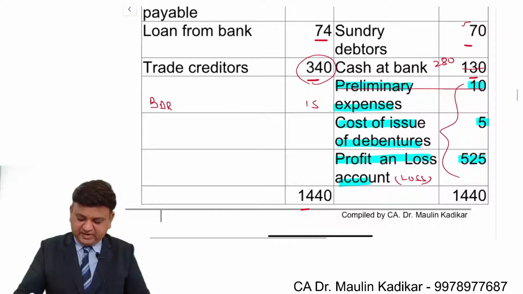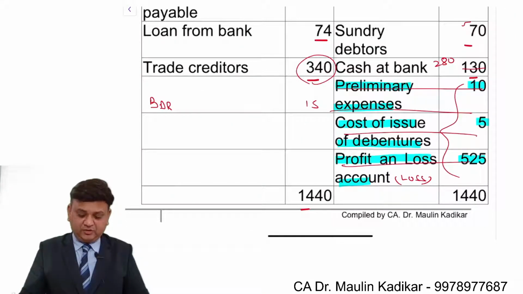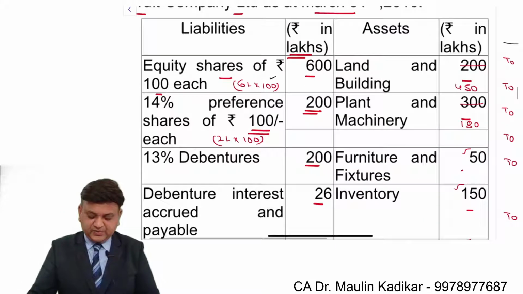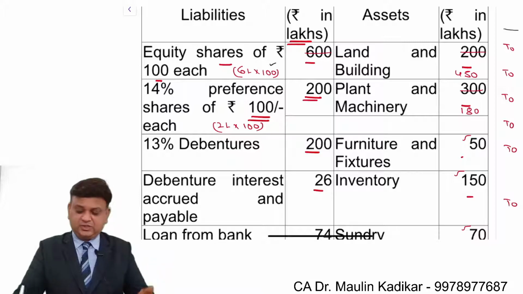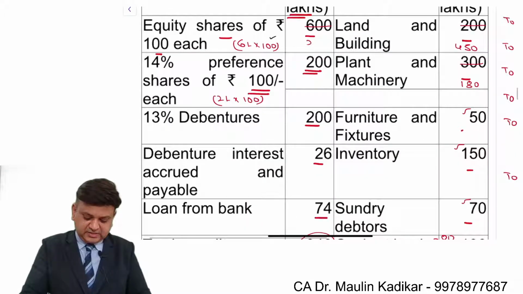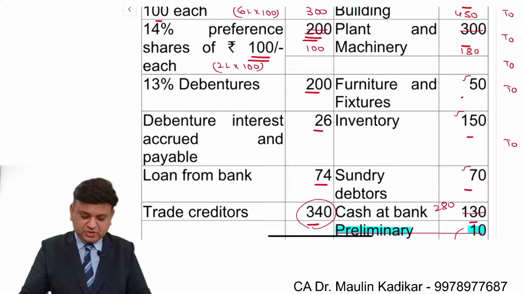These balances will vanish because we have already written them off. As far as the equity share capital is concerned, we had reduced it initially to 150, and then again we have made an issue of 150. So this will be 300 lakhs. This is reduced to 100 lakhs. No change in the debentures.